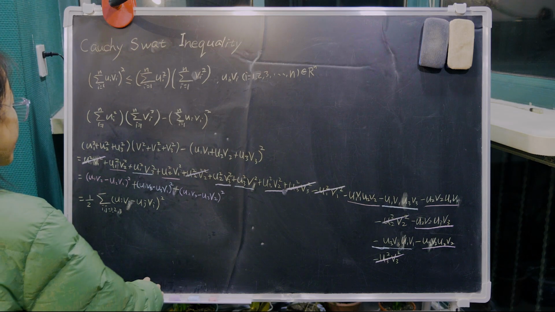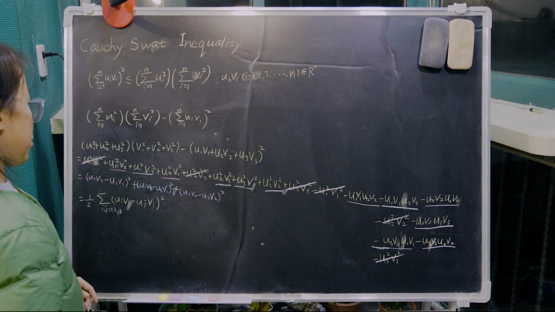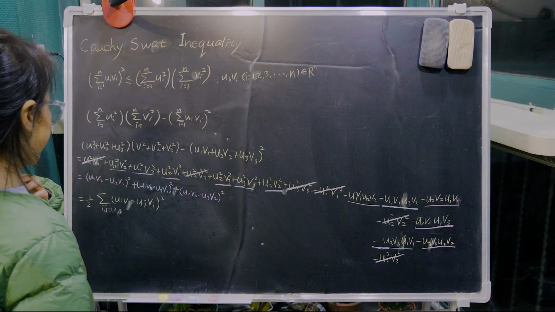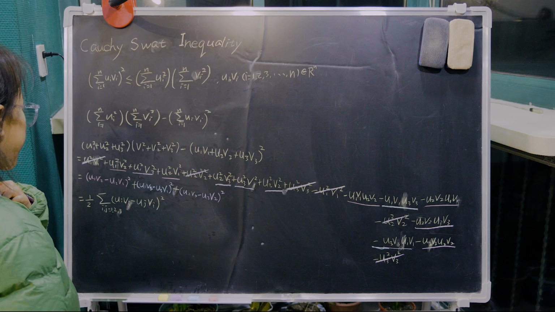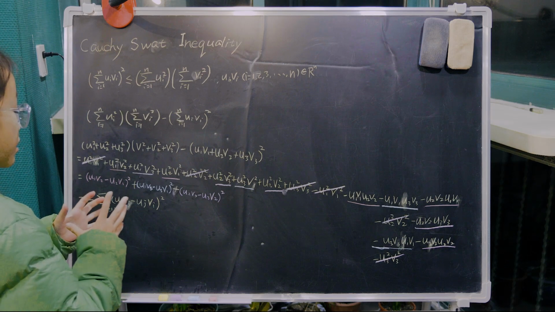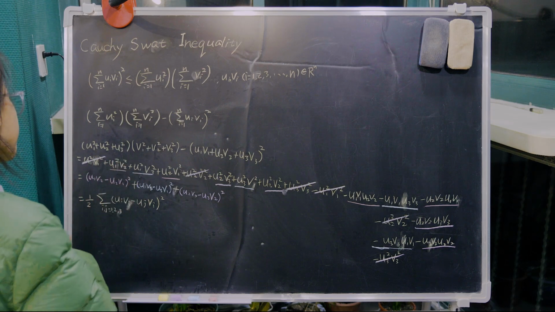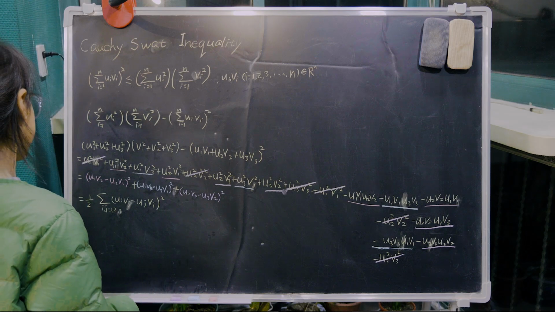And now, just like what I said before, we can summarize the final equation of our n. That's easy, right?